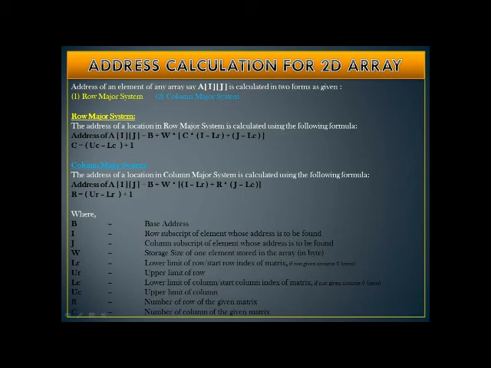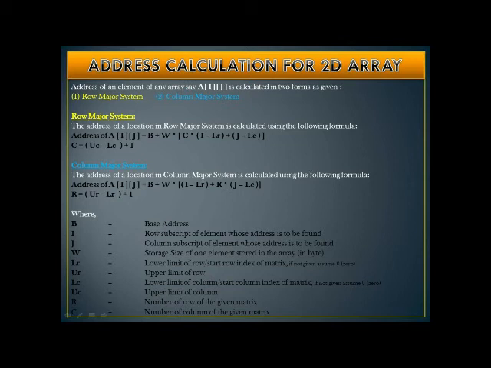See, B plus W into C multiplied with I minus LR in row major, whereas in column major this R is multiplied with J minus LC. In column major, R, that means the number of rows, is multiplied with J minus LC, whereas in row major the number of columns is multiplied with I minus LR.